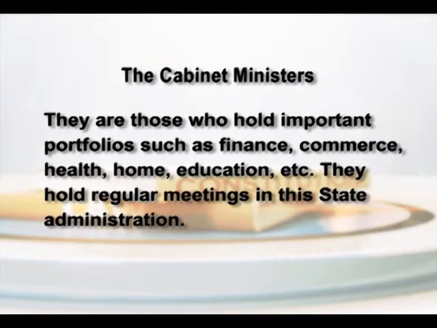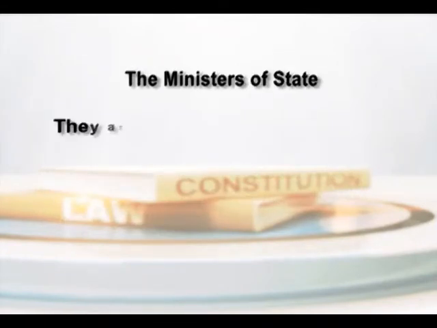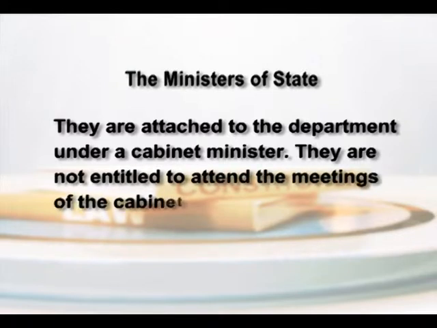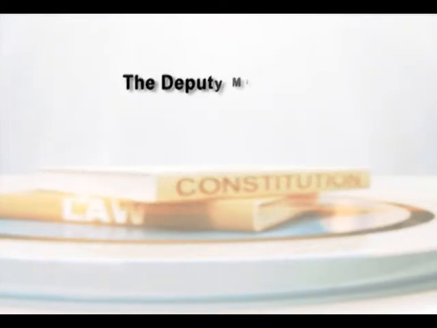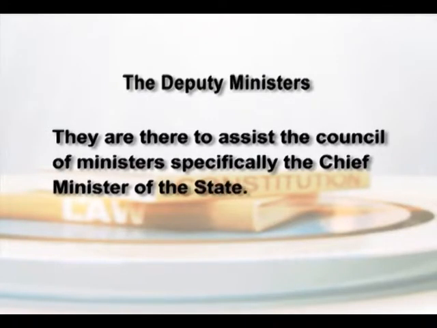The cabinet ministers hold regular meetings in the state administration. The ministers of state are attached to a department under a cabinet minister. They are not entitled to attend the meetings of the cabinet. The deputy ministers are there to assist the Council of Ministers, specifically the Chief Minister of the state.